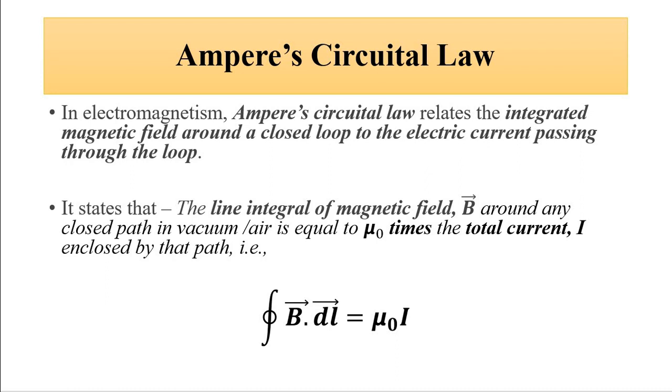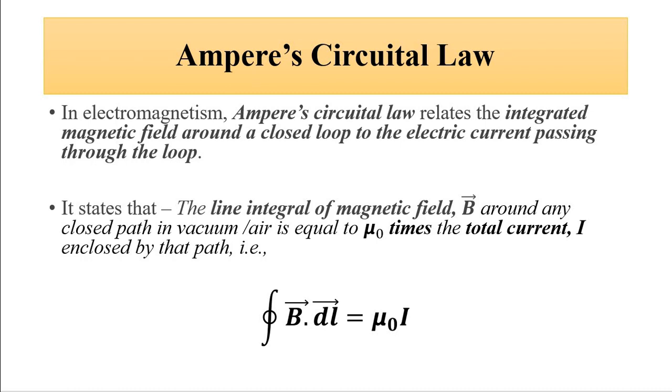It states that the line integral of the magnetic field, represented by B vector, around any closed path in vacuum or air is equal to mu0 times the total current enclosed by that path.